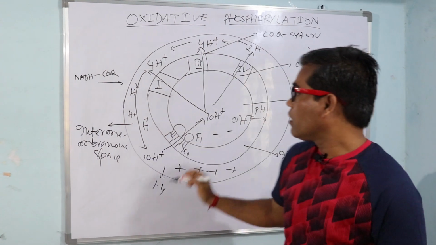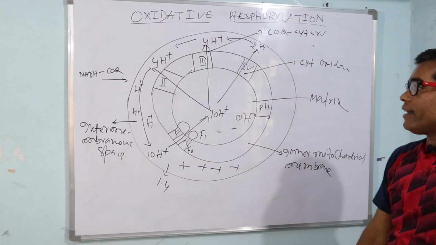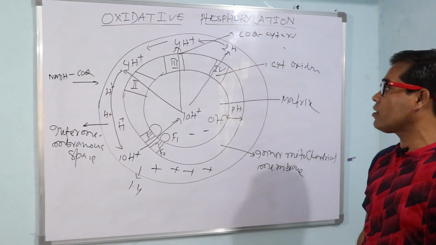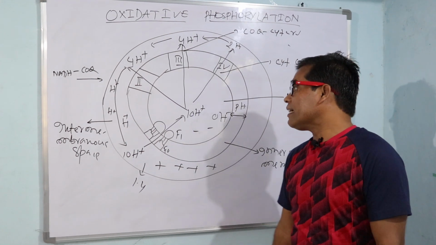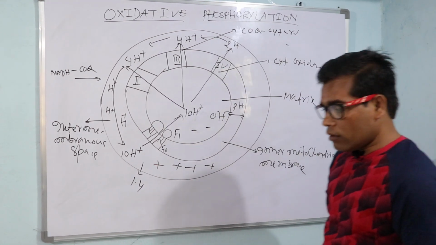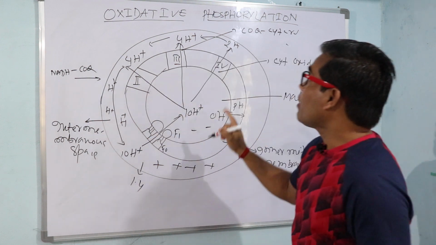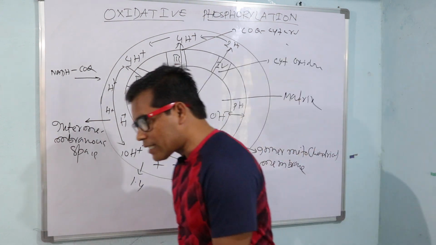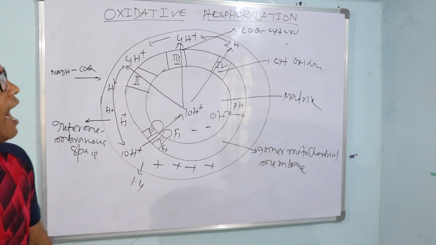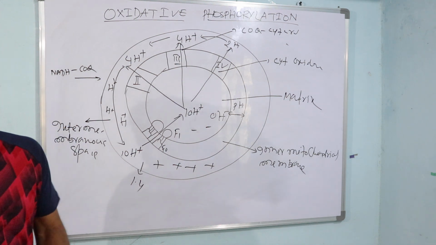Everyone knows that mitochondria consist of inner membrane, outer membrane and intermembranous space. The mechanism of oxidative phosphorylation is explained by the chemiosmotic hypothesis. So what does it state?